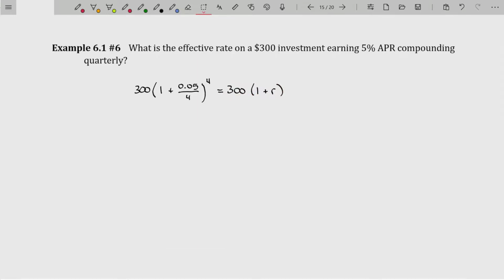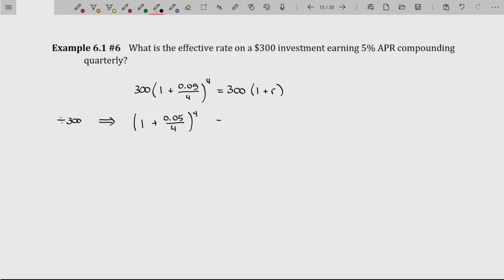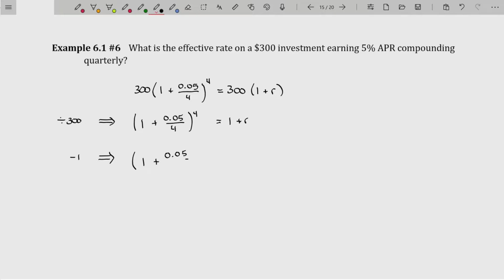Divide both sides by 300, so that you have 1 plus 0.05 over 4. I'm not going to grab a calculator yet; I'll wait until the end. Then, simple enough, subtract 1. It's not too crazy to do it this way. 1 plus 0.05 over 4 raised to the 4th, and we're going to subtract 1. That should be our effective rate.